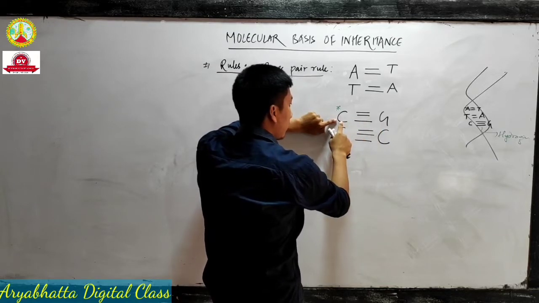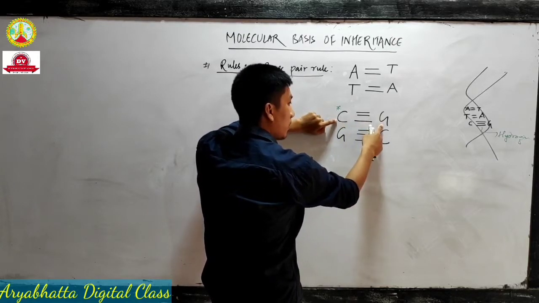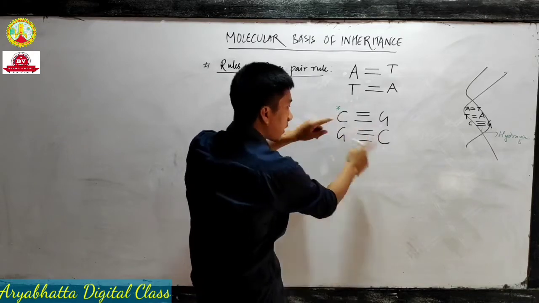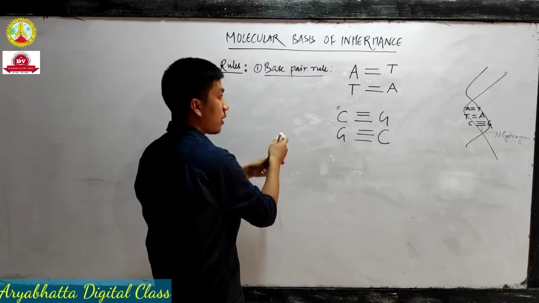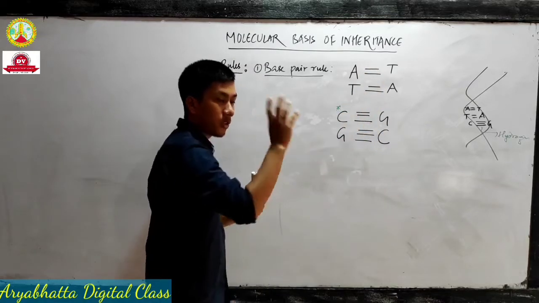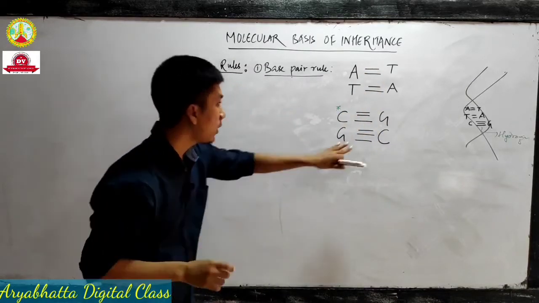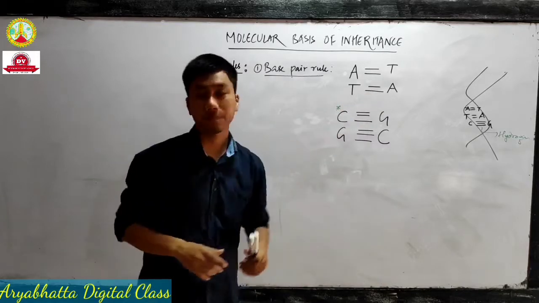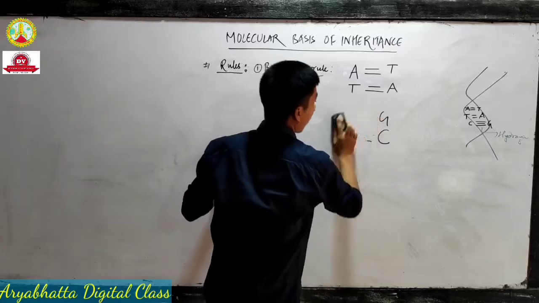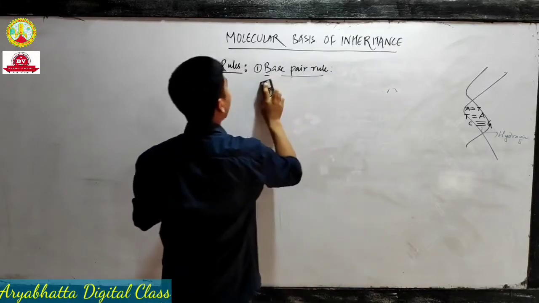So cytosine is pyrimidine, guanine is purine. So it is the same. Guanine pairs with cytosine by making a triple bond. That is the only difference. You need to remember who binds with whom and how many bonds they form. And the name of the bond is hydrogen bond. So this is about base pair rule.